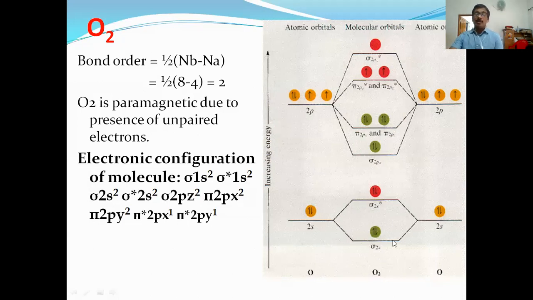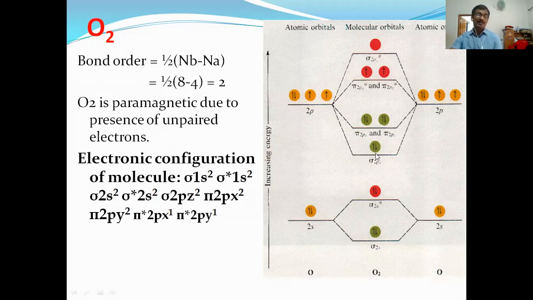Now, the 2s atomic orbitals undergo linear combination to form sigma 2s and sigma star 2s antibonding molecular orbital. In the case of p orbitals, when they combine, here you can see the change. First, sigma 2pz.